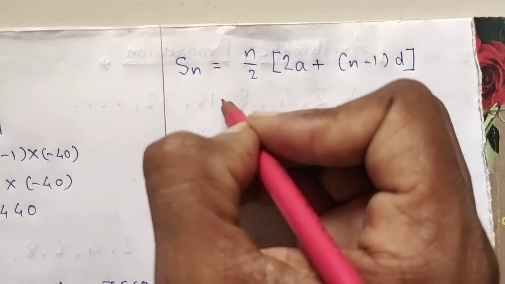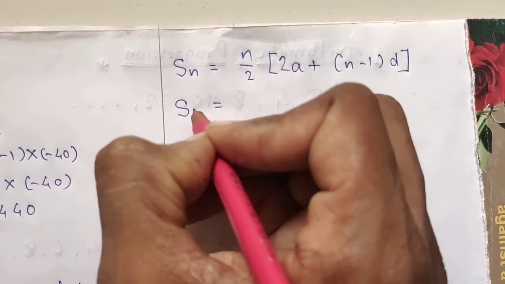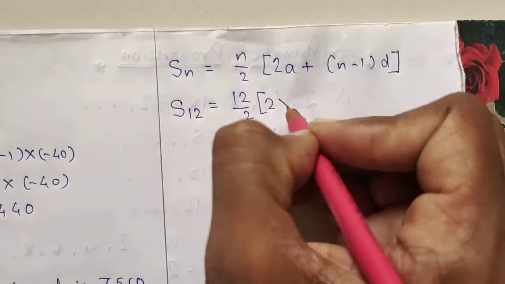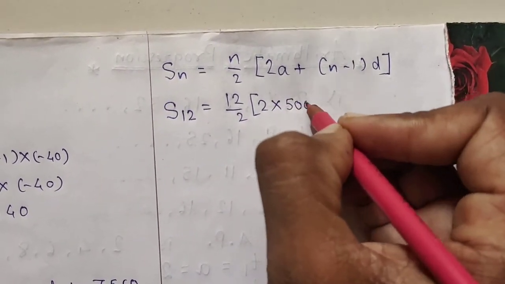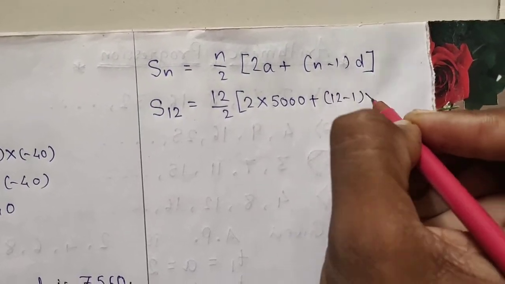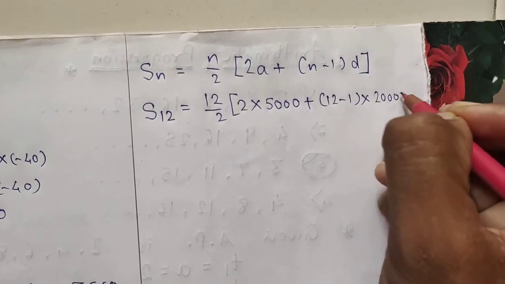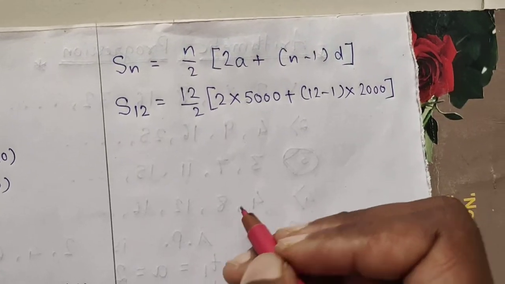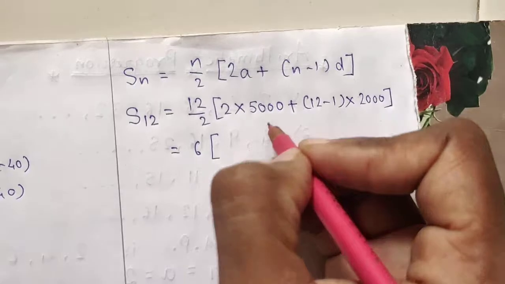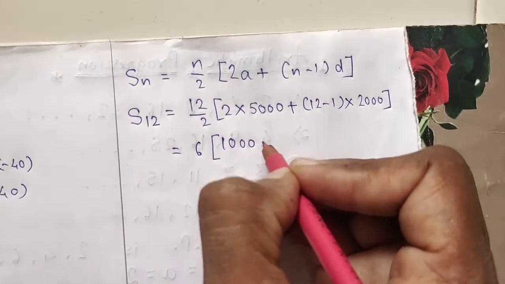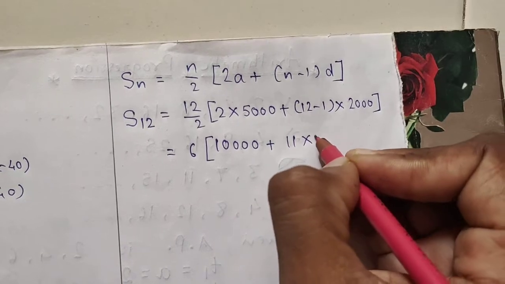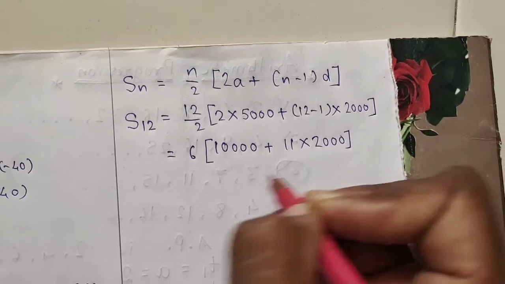Okay, now put the values. N value is 12, so 12 upon 2 bracket 2 into, what is A? 5000 plus 12 minus 1 into D is 2000, so put the value of D. Now 12 upon 2 gives you 6, 5000 into 2 gives you 10,000, plus 12 minus 1 is 11, so 11 into 2000.